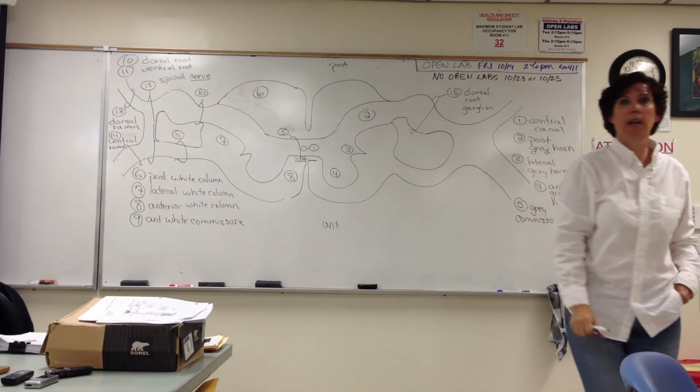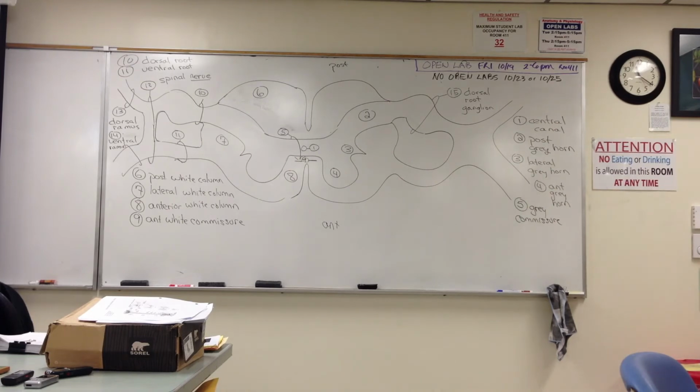Okay. So if you want to take pictures, go ahead. So a collection of nerve cell bodies inside the central nervous system is the nucleus. That's what's forming up the gray horns that you see there, are various nuclei.